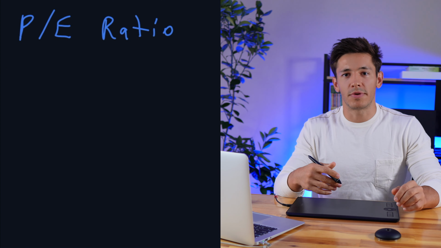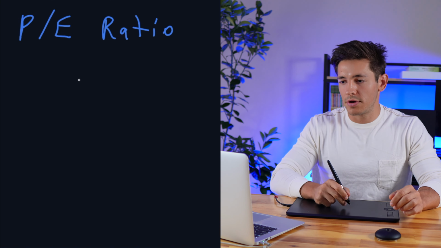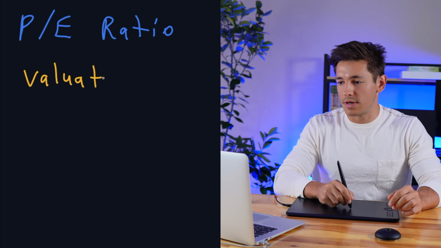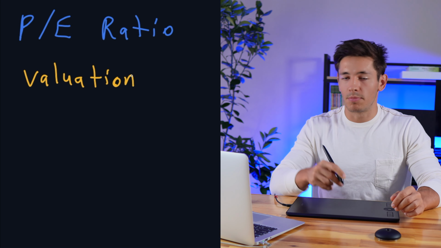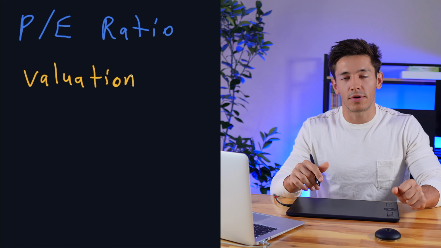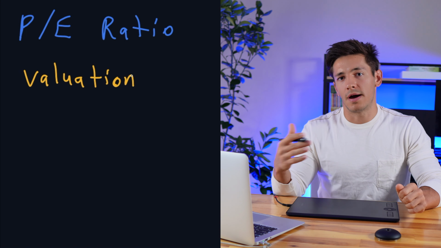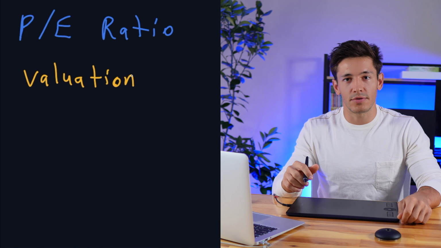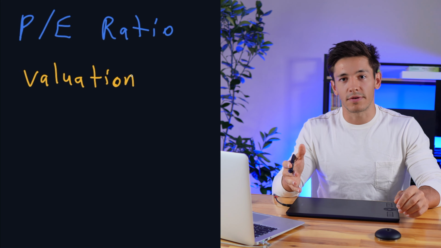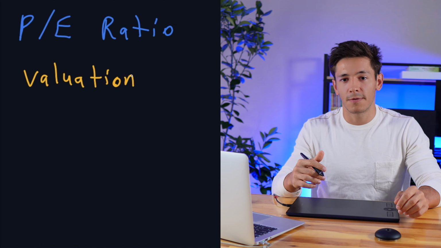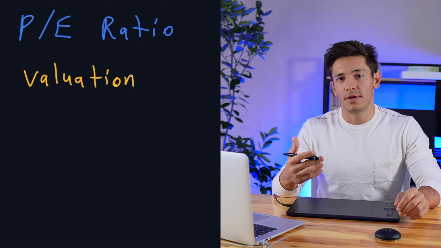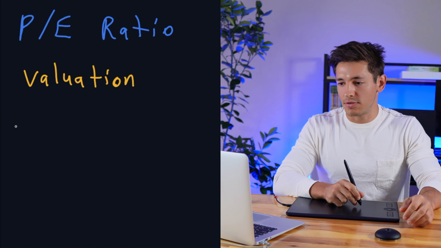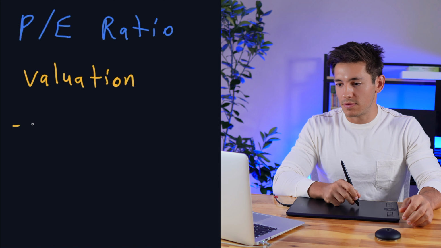So to sum up today's video, PE ratio is about valuation. It basically gives you how much you're paying for this year's earnings for a company, and a higher PE ratio means it's more expensive compared to this year's earnings. Lower means it's less expensive compared to this year's earnings. And that's based on a number of factors, but you can't just look at PE ratio alone.